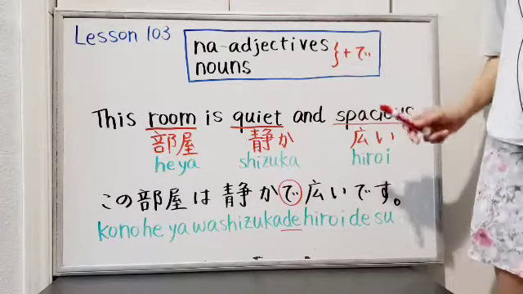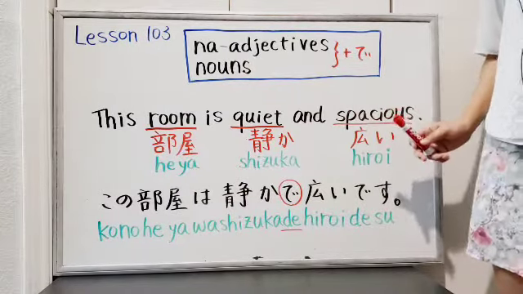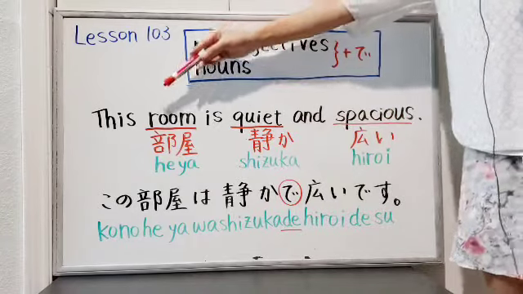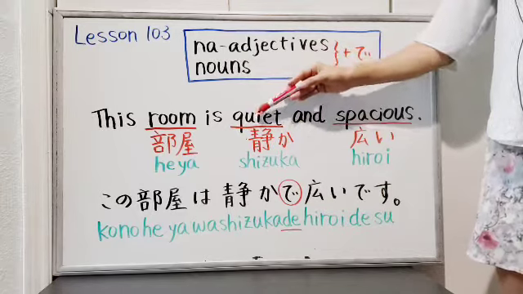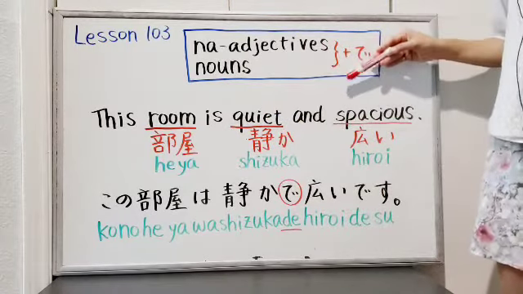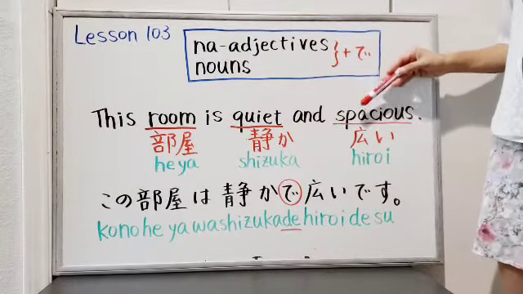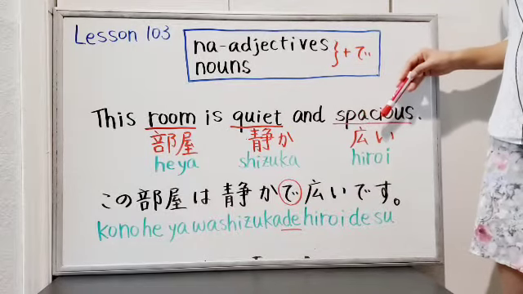This room is quiet and spacious. Room means 部屋. Quiet means 静か. Spacious means 広い.